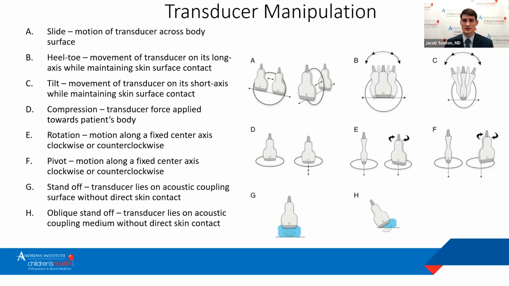Compression is pretty simple. Compression is whenever you take the probe and push down on top of the patient's tissue. Rotation and pivot are kind of the same definition. It just means that you're twisting the probe either clockwise or counterclockwise in a fixed position. Standoff, as we mentioned earlier, is whenever you use an acoustic medium such as gel to stack up, and then you let the probe lie on top of that.